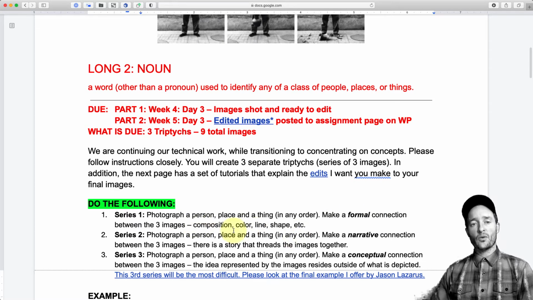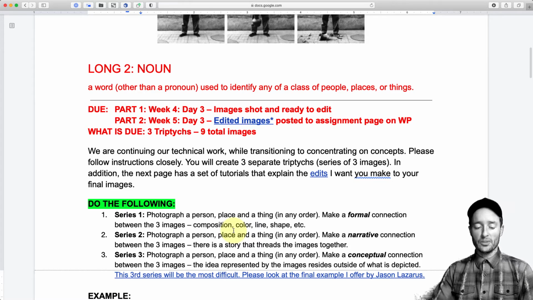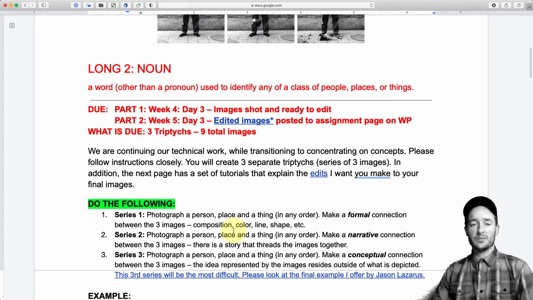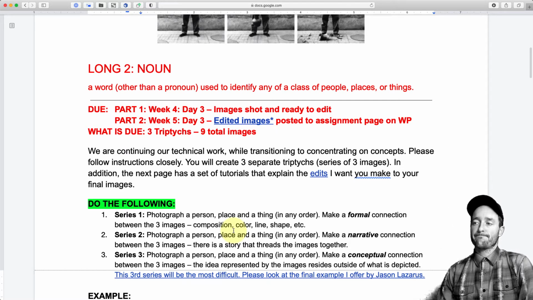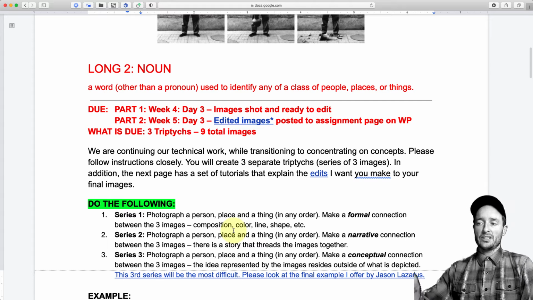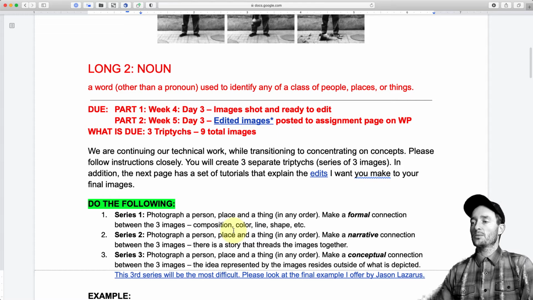You can think of formal in terms of art as maybe color connecting the 3 images, so a similar color repeats, or composition, the way that you compose the image creates a thread between those 3 images, or maybe there's a consistent element in each of those images, like a shape or a line of some sort. I'll give you an example here in a second of what I'm looking for in that kind of formal connection.